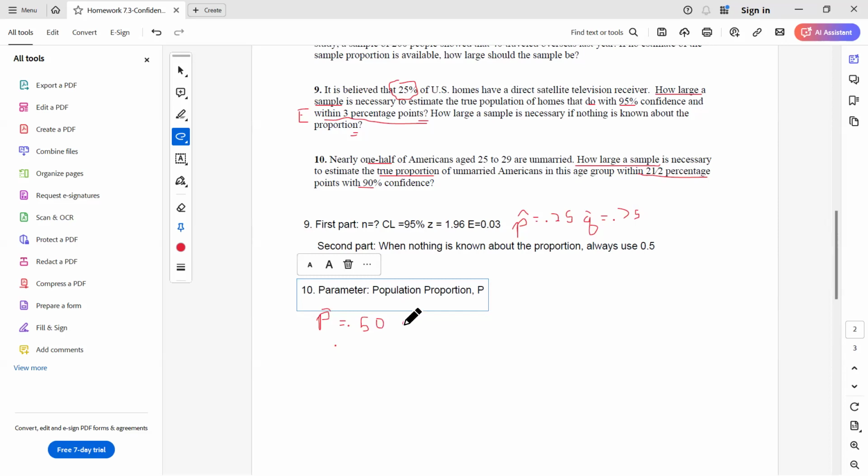So I'm just going to write Q hat is equal to, okay, I think I've lost this. I'm not sure where I lost you, but we're doing number 10. Parameter is the population proportion P. P hat is 0.5, Q is 0.5.